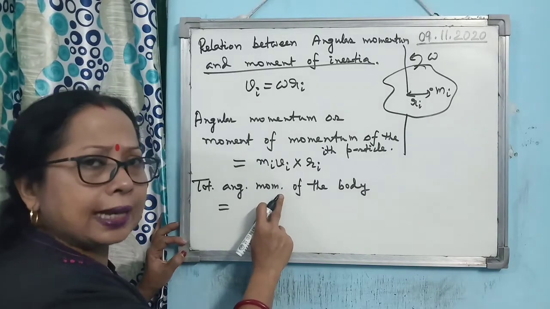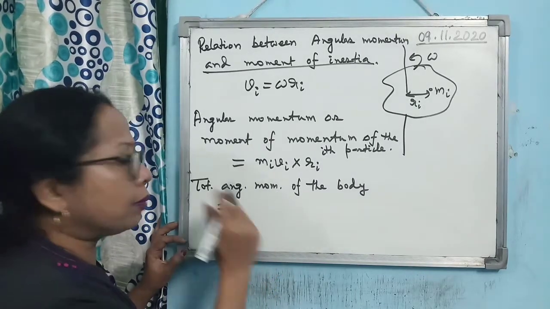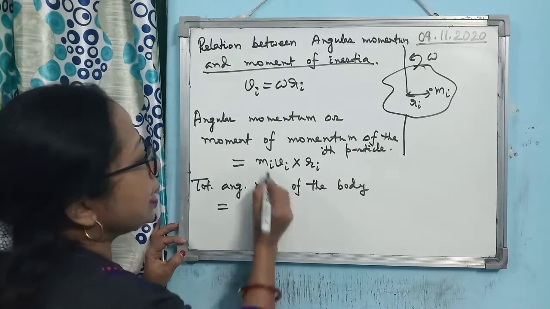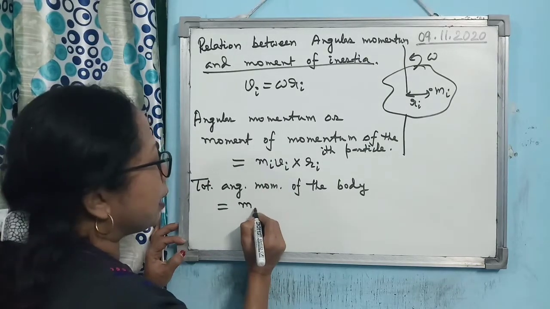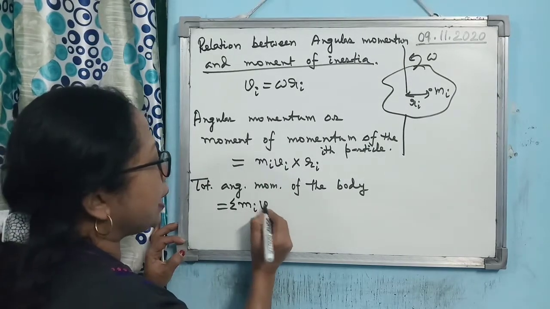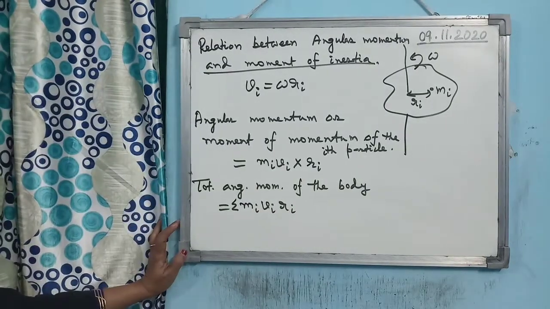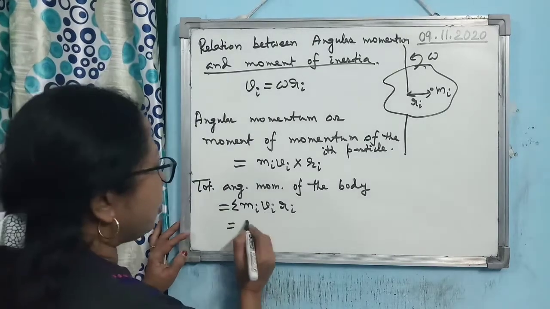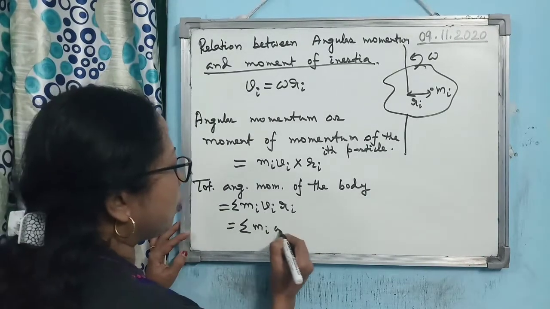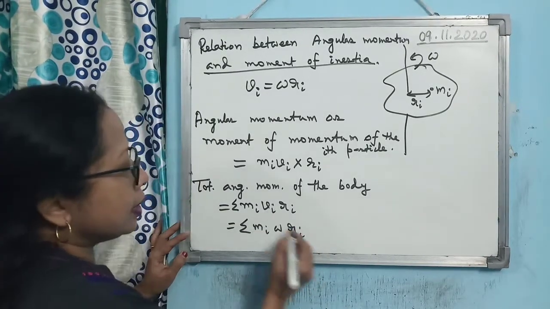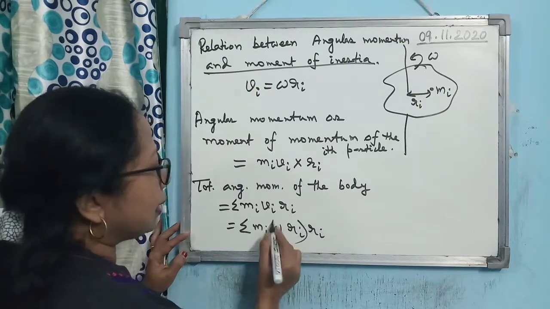So listen to the lecture also instead of copying blindly from the whiteboard. It will be the sum of all the momentum, so you can write it as sigma m_i v_i r_i. Is that clear? Now if you substitute v_i, it will be omega into r_i, so omega into r_i, and another r_i is there.